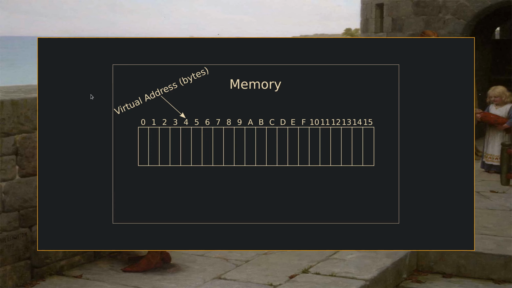Now, memory on at least Intel platforms, Intel x86 and whatnot, which is what I'm using right here, x86-64, memory is byte addressable, which means that each of these little buckets has a size of 1 byte, that is 8 bits. So it'll store 1 character, for example, 1 letter.